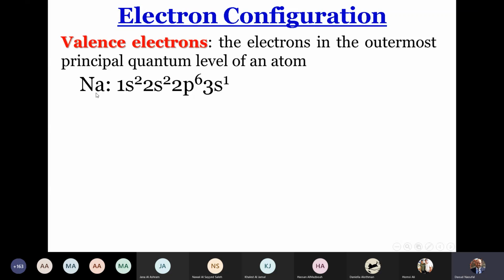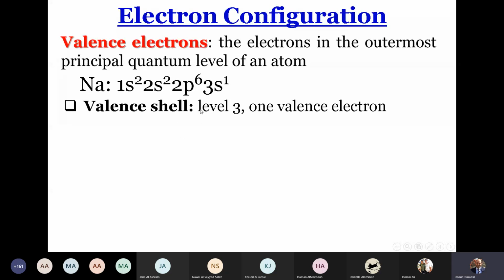For sodium, Z equals 11. So we have 1s2, 2s2, 2p6, 3s1, according to Klechkowski rule. The valence electron is in level 3.